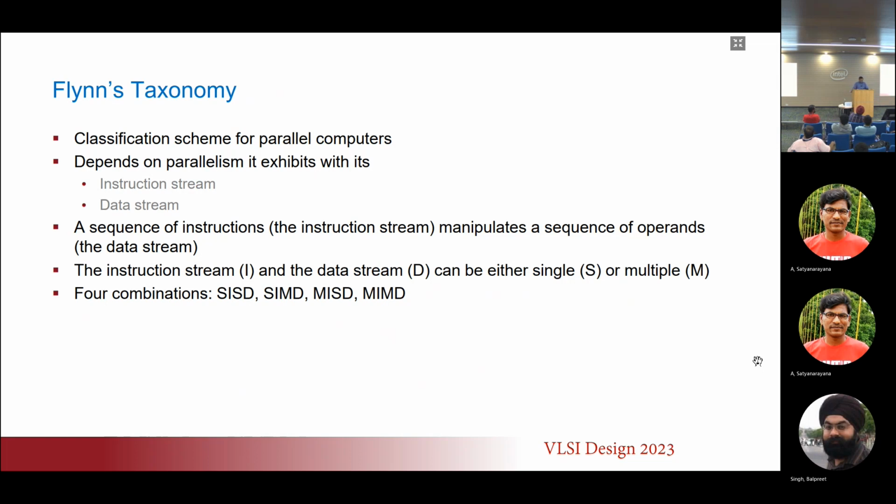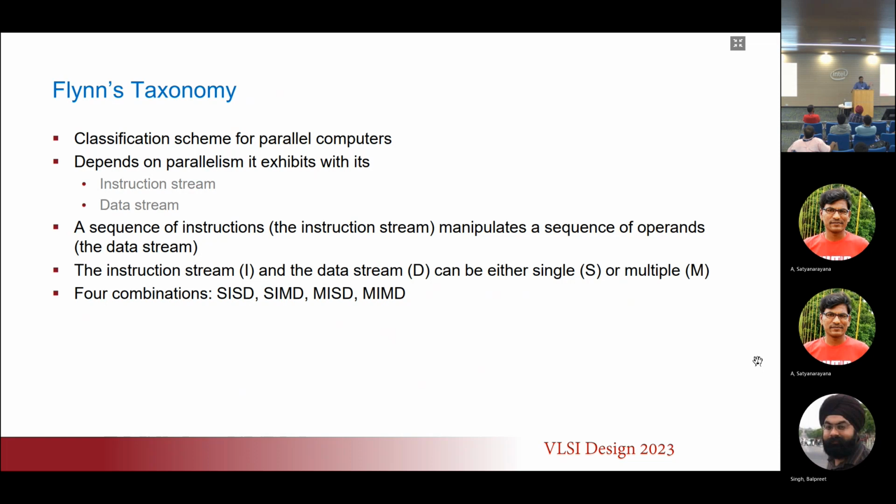And there are different types of machines based on the type of parallelism that you're going to do. In the parallel computing world, there's Flynn's taxonomy that says that we have an instruction stream, which is the instructions that we're going to execute, and we have a data stream, the data that you're going to process. And I can do instructions in parallel.